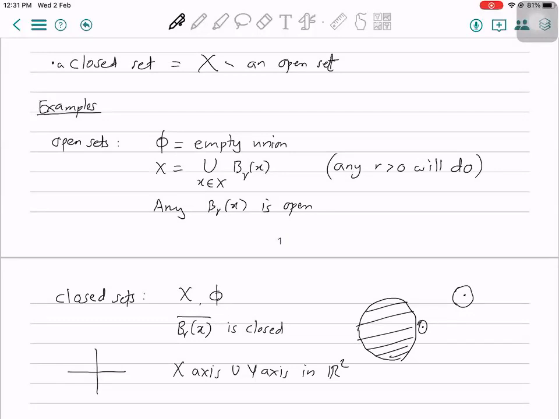No. Do you see what's happening? So let's write this down. Let's just take the x-axis minus the origin. Just the x-axis by itself is closed. Is the x-axis minus the origin closed?